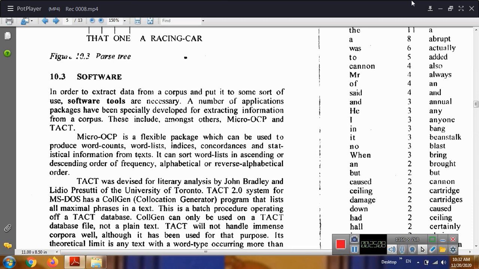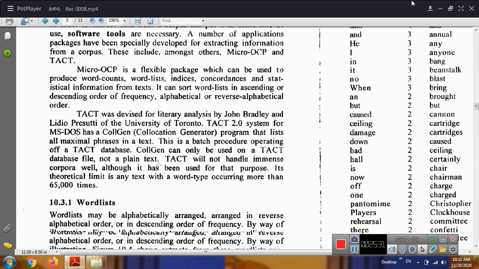MicroOCP is a flexible package which can be used to produce word counts, word lists, indexes, concordances, and statistical information from text. It can sort word lists in ascending or descending order of frequency, alphabetical or reverse alphabetical order.